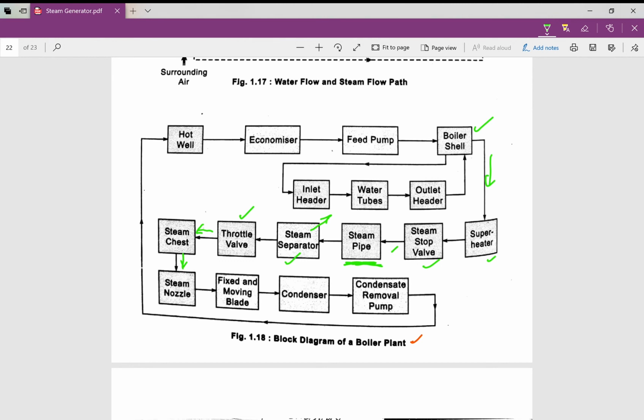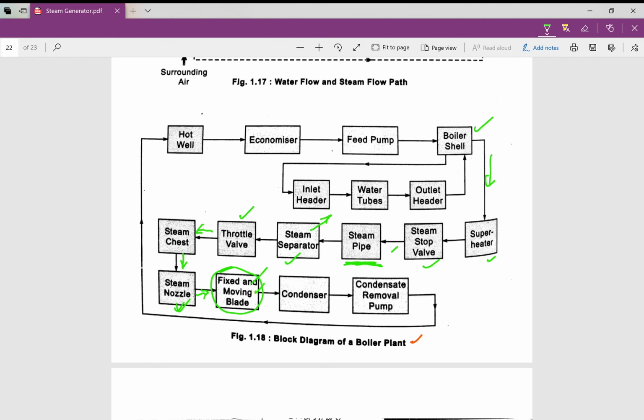The function of the steam nozzle is to increase the kinetic energy of steam, right, where an enthalpy drop takes place, and then at a very high velocity, through this steam nozzle, steam is forced onto the fixed and moving blades of the steam turbine.